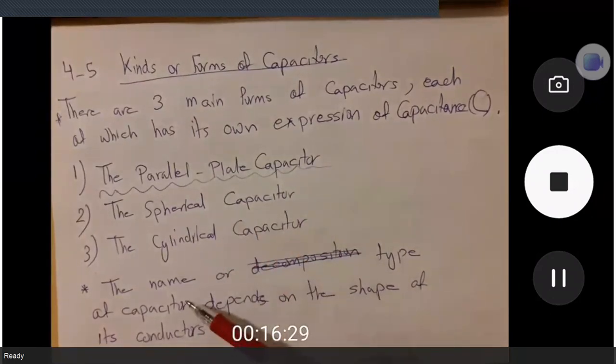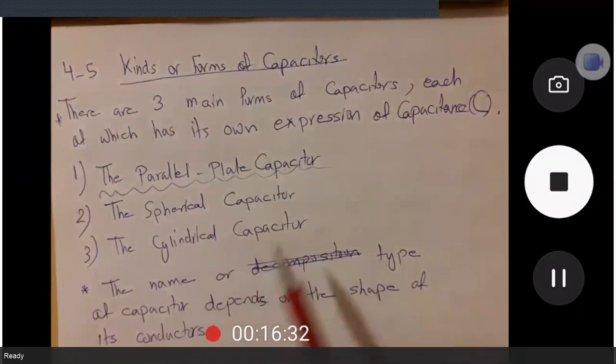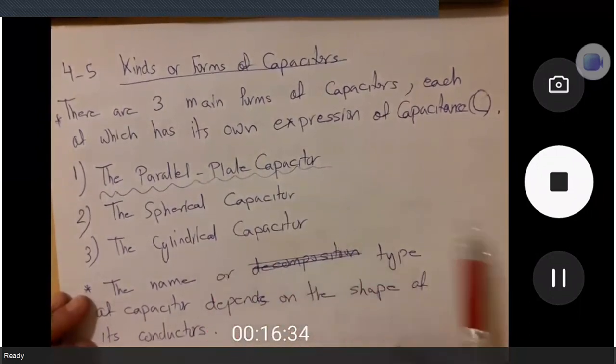If they are cylinders separated from each other by an insulator, then we call it a cylindrical capacitor.